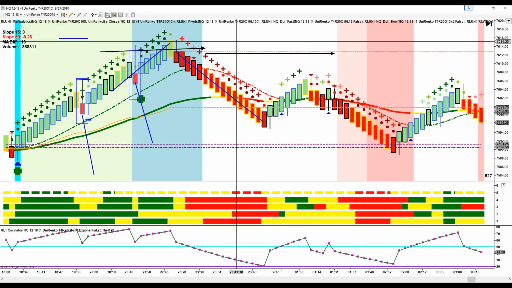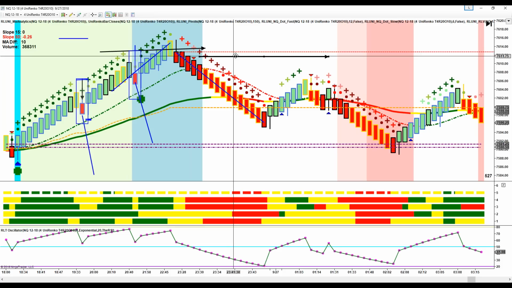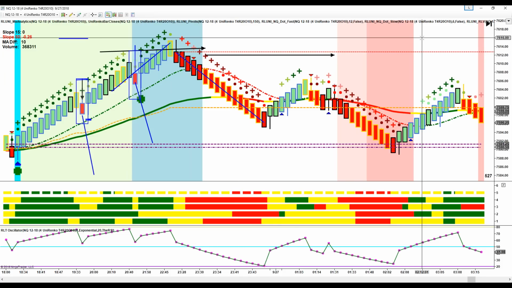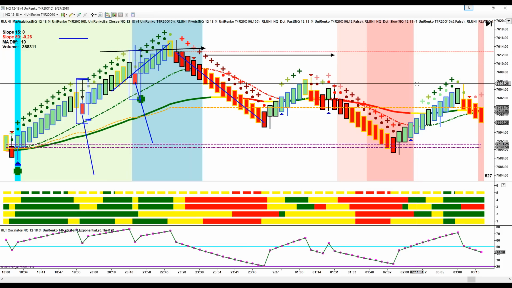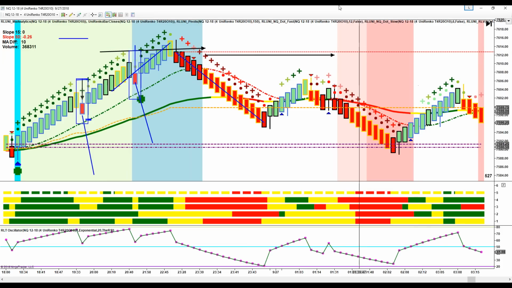They're never going to happen when background bias is clear, because one time frame is telling you to go long and the other longer time frame is telling you to go short. And when you're in that kind of scenario, you cannot predict with any degree of certainty how price is going to move on your trading chart.